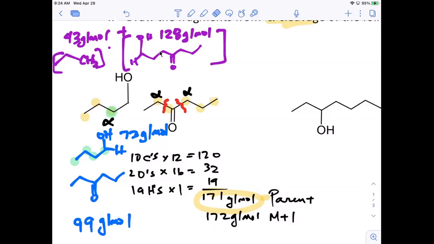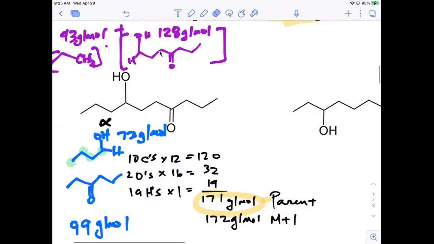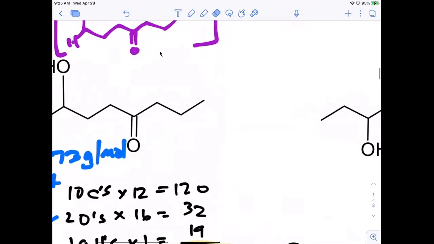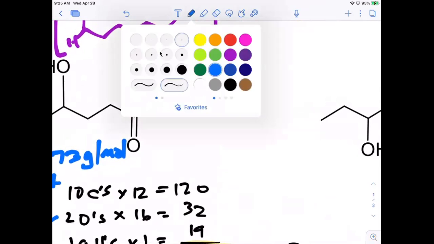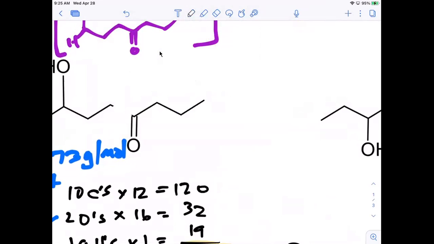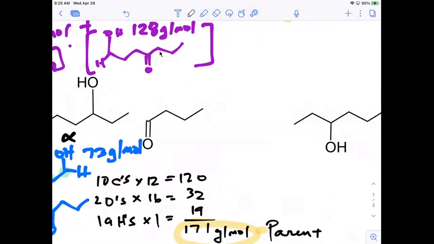All right, let's go to that other end. Down here, you're going to cleave here, that bond right there, because that's alpha. So you can see what your two fragments look like there.